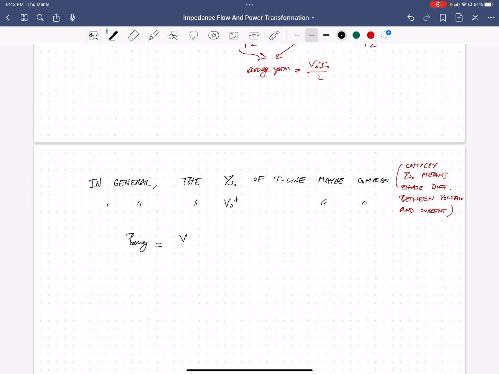V0 plus squared over 2 times Z0. The way we would get that is, the amplitude of V0 plus would be amplitude V is equal to IR, so it'd be I0 plus times the characteristic impedance.